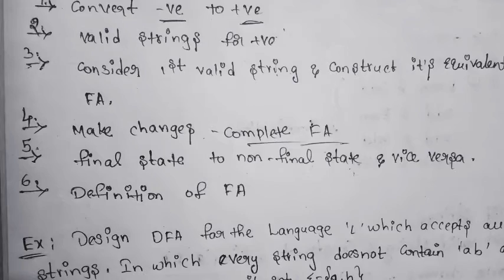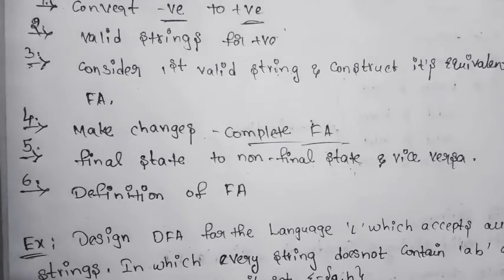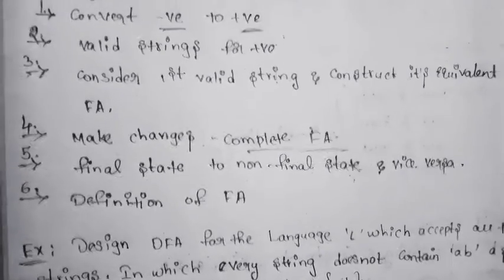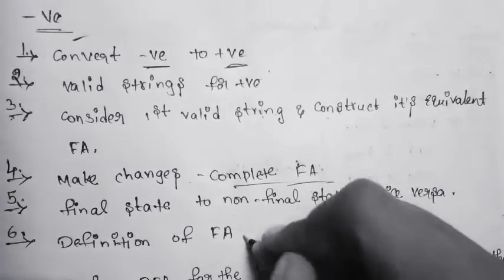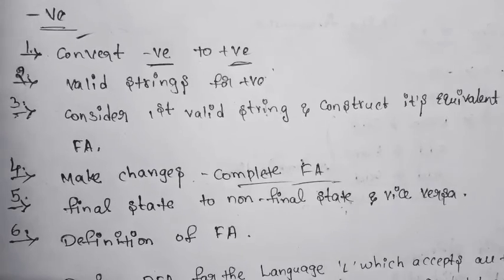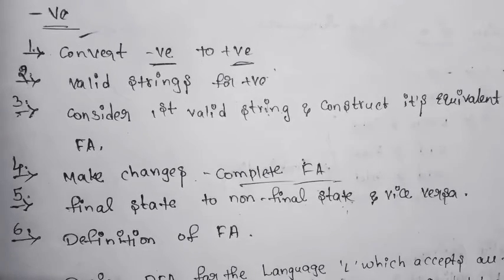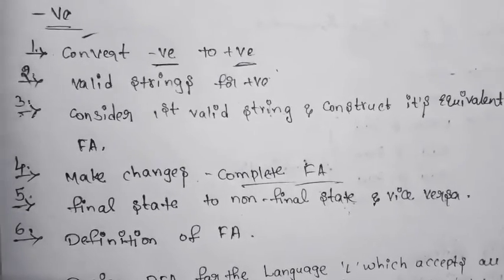The last step is to write the definition of the finite automata. Not only by listening to these steps, but if we apply all these steps in the form of a problem, then I think you will simply understand how to do the problems.